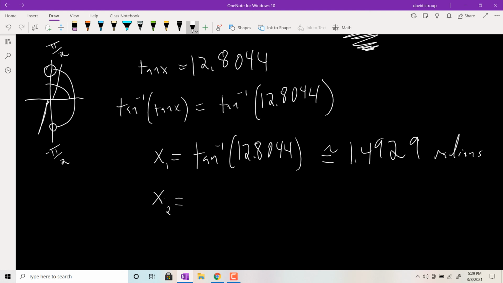So it's this angle I'm after. Okay, so it's pi plus x1. So you'll rotate around pi and then add in this angle, and it should give you the second angle that you're after. So this is approximately 4.6344.